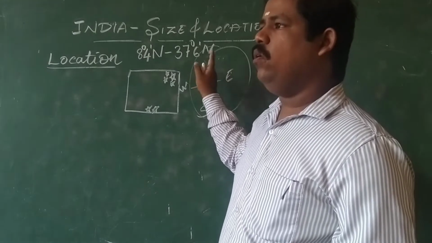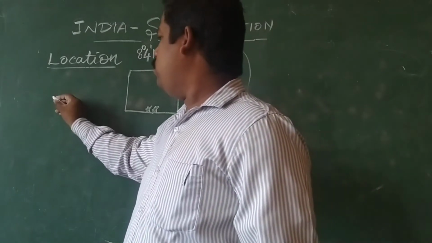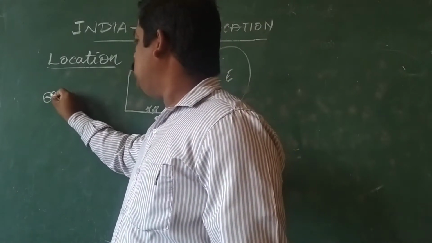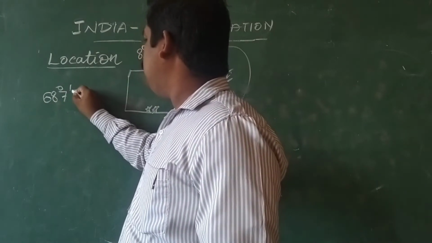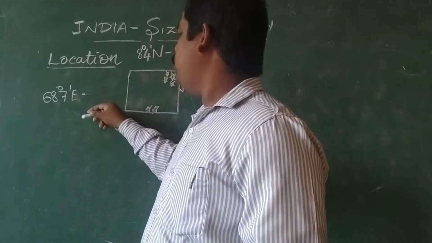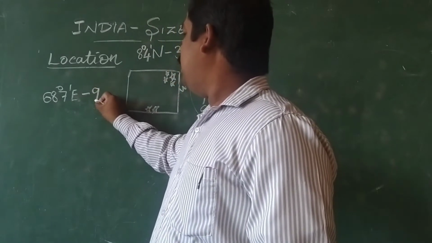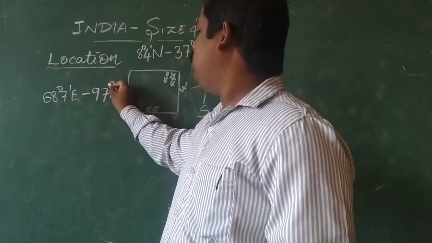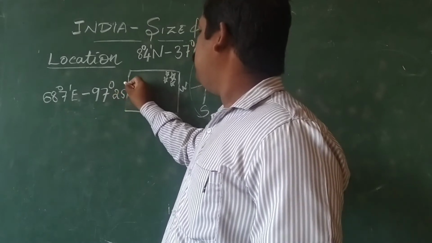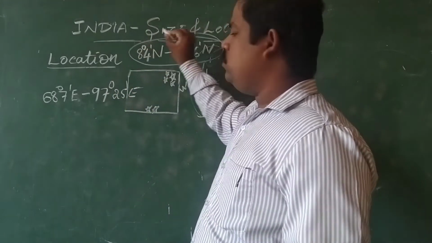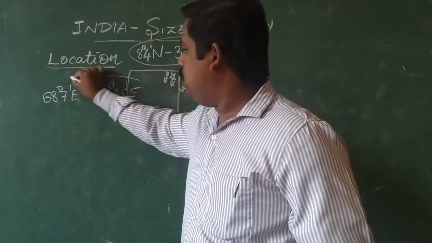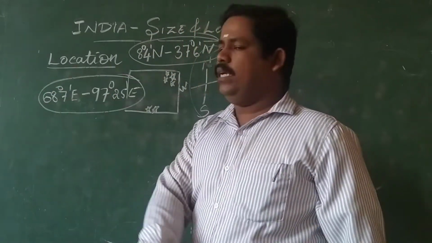Then come back to longitude: India is located between 68 degree 7 minute east longitude to 97 degree 25 minute east longitude. So this is the latitudinal extent, this is the longitudinal extent.